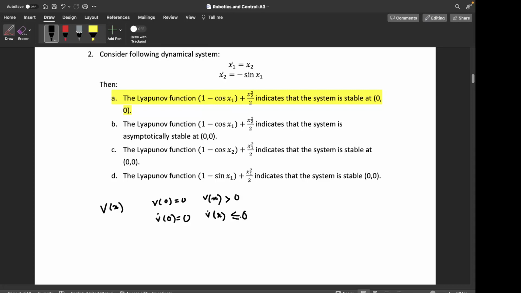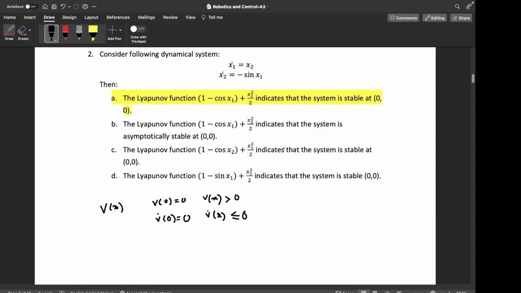That is, on a long enough time horizon, even after small perturbations, the state would return back to the equilibrium state. When we say it's just stable, it will not blow up, it will stay in the vicinity of the equilibrium point. So now there are a couple of Lyapunov functions given, and we have the system here.